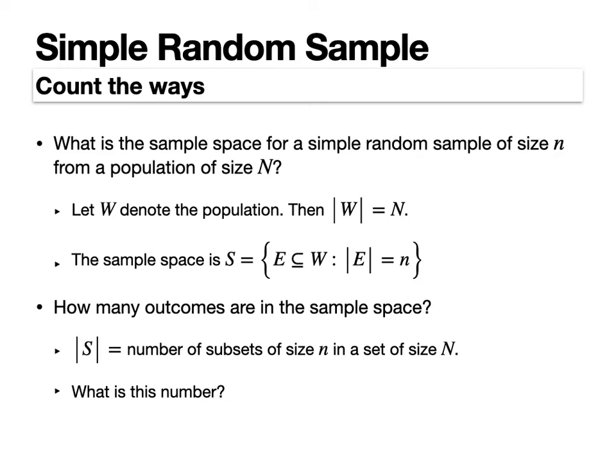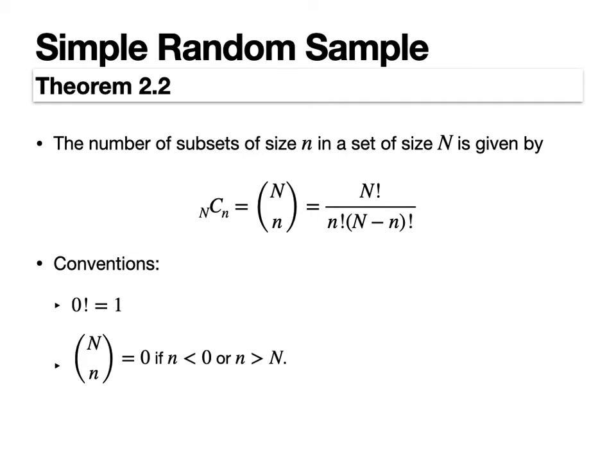And because all outcomes are equally likely, we're going to need to understand what the cardinality of the sample space is, as well as the cardinality of events in the sample space. First, let's think about the sample space. The cardinality of the sample space would simply be the number of subsets of size n that you could pick in a set of size capital N. So what is that number? Well, here's a theorem that gives us the answer.